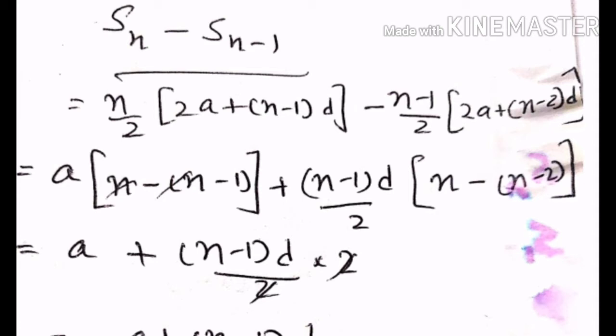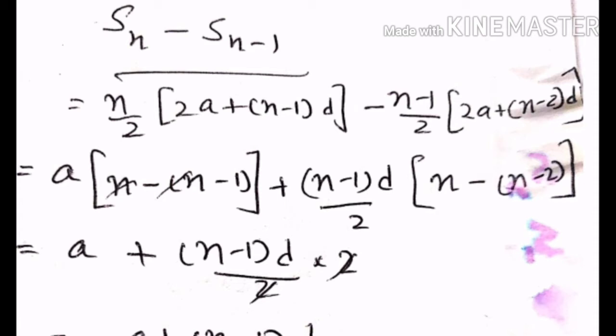Let us see. First of all, the Sn formula we have just now derived, I am substituting here: n by 2 in the bracket 2a plus (n minus 1)d, minus, instead of n now substitute n minus 1 in this formula. So we get (n minus 1) by 2 in the bracket 2a plus (n minus 1 minus 1)d, so it becomes (n minus 2)d.